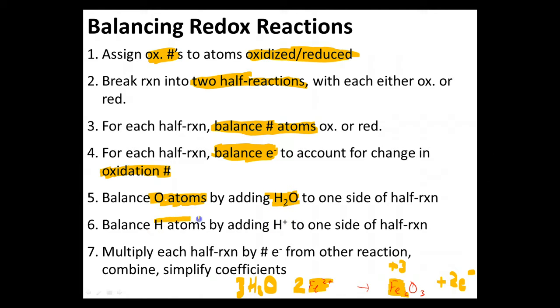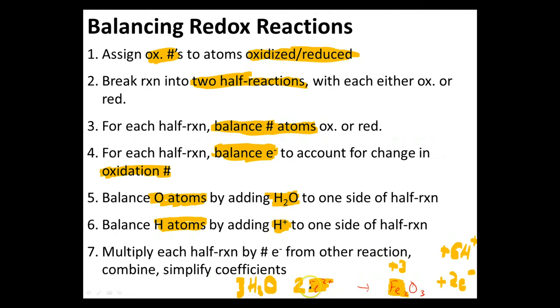Because the next thing we're going to do is balance our hydrogen atoms by adding H+. So I've got 6 hydrogens on this side. I'm going to add 6 H+'s over here. Okay, now let's see here. This isn't a charge, that's just an oxidation number. I've got 6 plus charges now, 2 minus charges, so I'm at plus 4 overall over here.